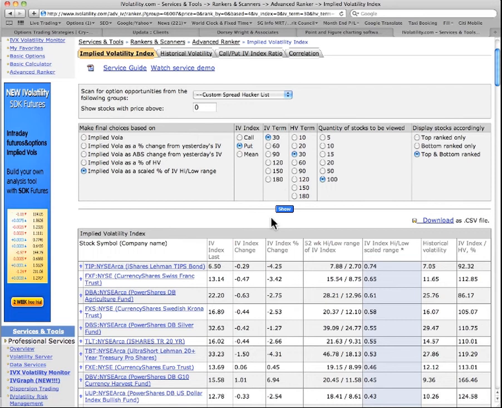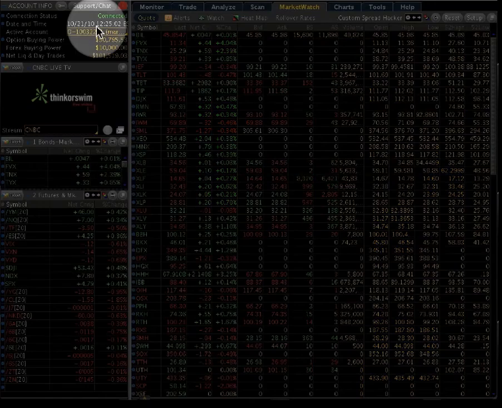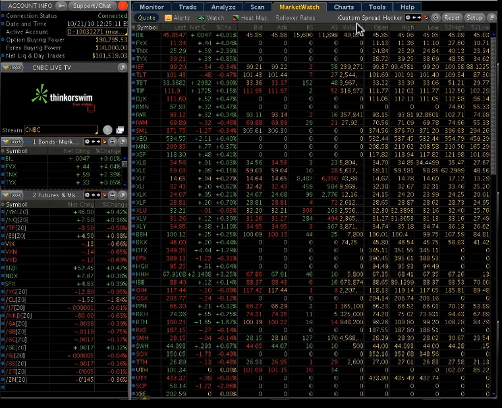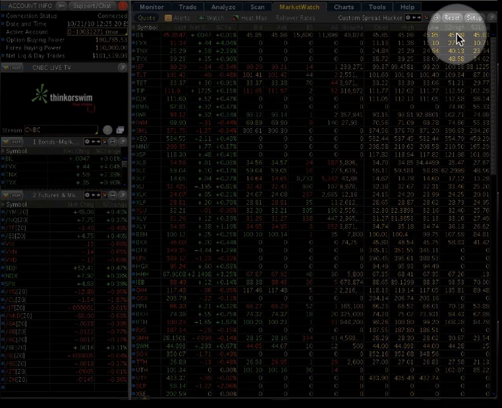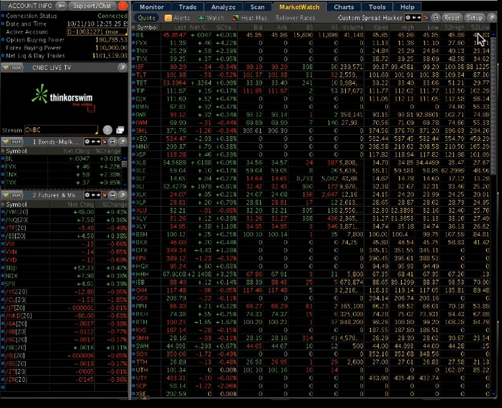The third input is from Think or Swim. During live trading hours, I would take price quotes from thinkorswim using a custom watch list of selected traded products with data for their 52-week high as well as the 52-week low, which will be used to eliminate the underlying products that are trading near their 52-week high and 52-week low extremes.